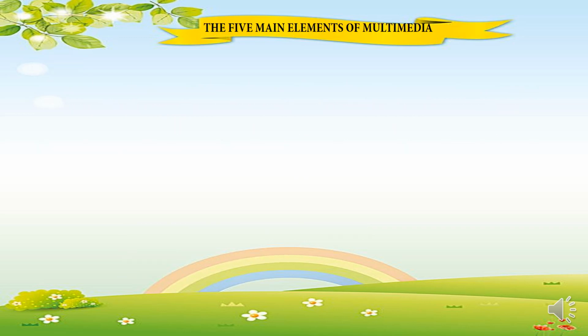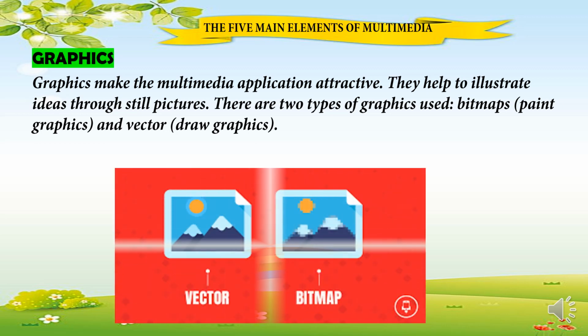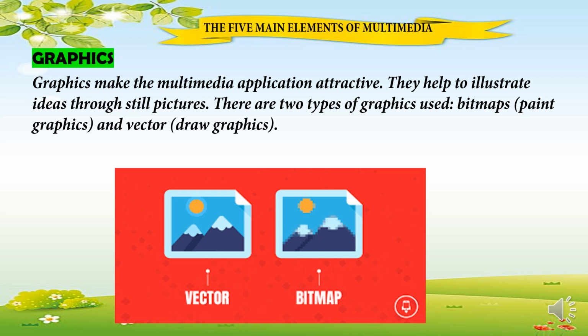Then another one is the graphics. Graphics makes the multimedia application attractive. They help to illustrate ideas through still pictures. And there are two types of graphic use. We have the bitmaps or the paint graphics and vector as the draw graphics.